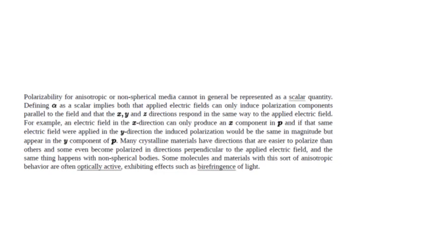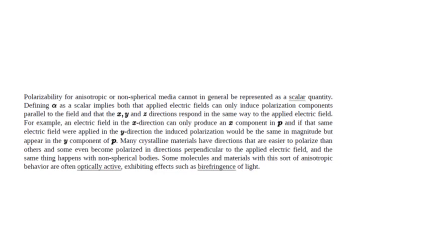If that same electric field were applied in the y direction, the induced polarization would be the same in the y component. So many crystalline materials have directions that are easier to polarize than others.